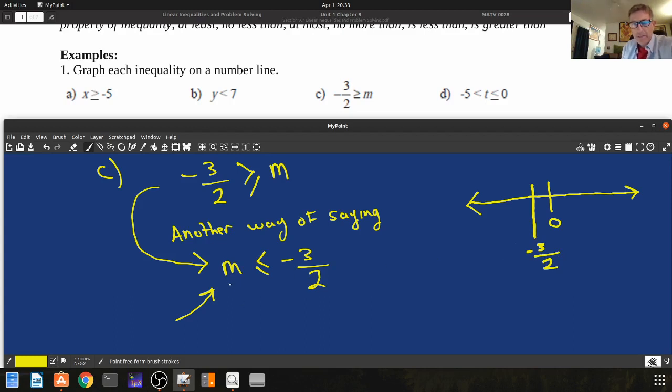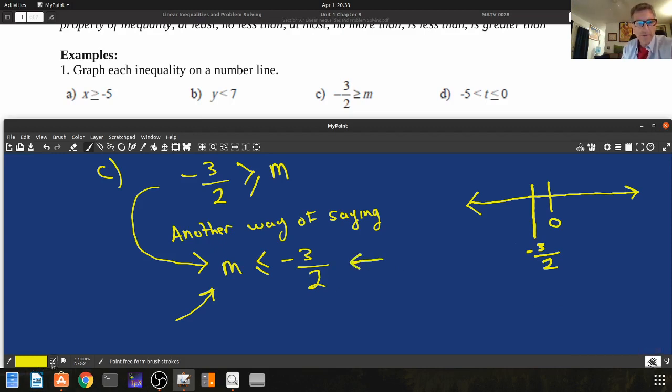And this includes all numbers m that are less than or equal to minus 3/2. So every choice of m that is less than or equal to minus 3/2 makes this statement a true statement. So that's what I want to plot.